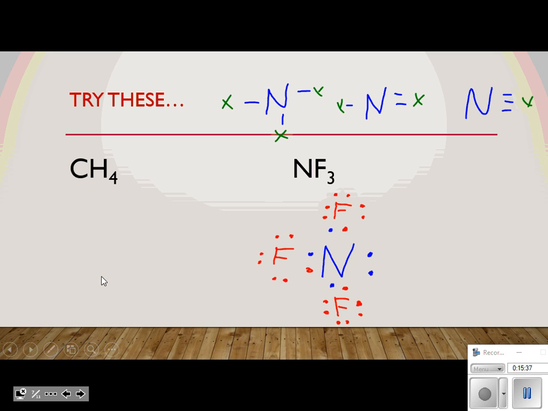Because I know each fluorine has 7 of its own electrons. So basically, in this Lewis dot structure, I have 3 single covalent bonds. If I were going to draw it out using just my dashes, I would have F, N, F, F, as so.